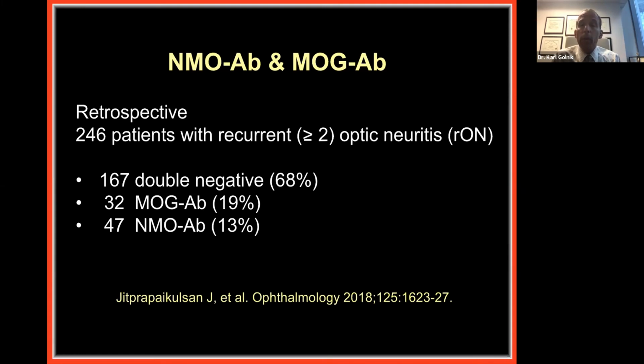And I was pretty surprised. So this is in the US population, but 32%, so 19% MOG, 13% NMO, 32% of all comers with 2 or more episodes of optic neuritis had one of these 2 antibodies. And to me, that was very impressive. I was surprised it was that high.